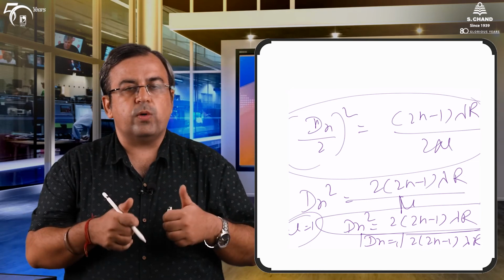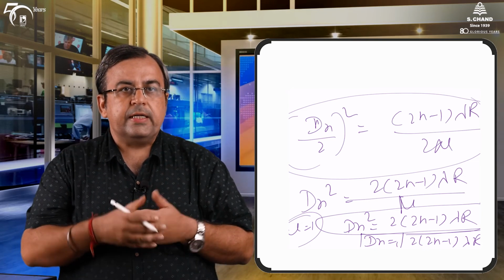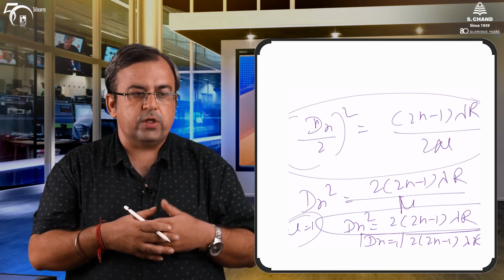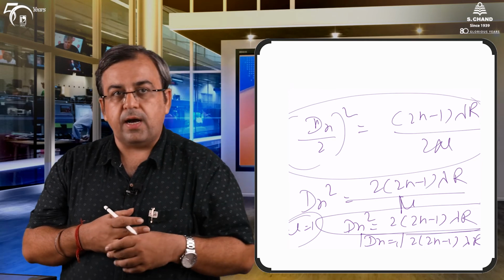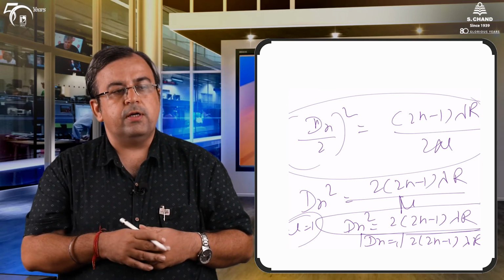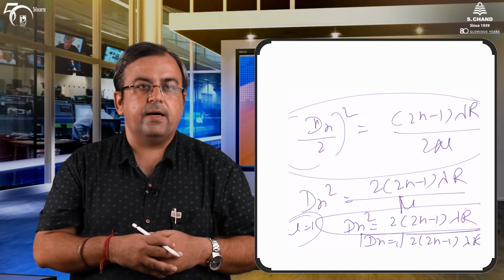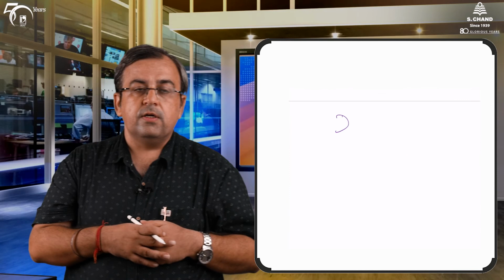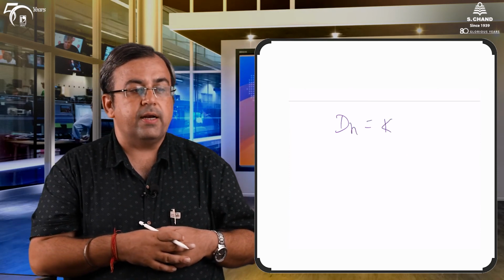So what exactly is the conclusion we had drawn? The diameter of the bright rings is proportional to the square root of the odd natural numbers. You see, it is very important.